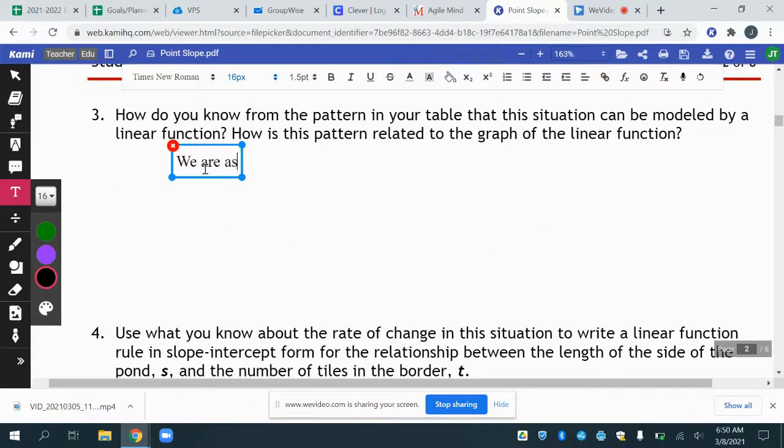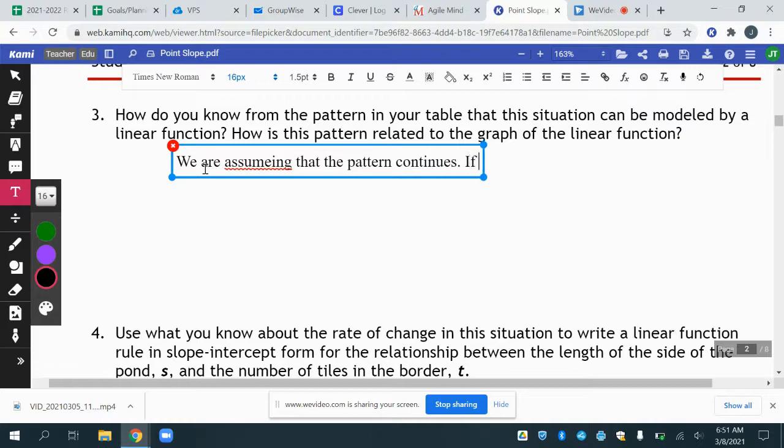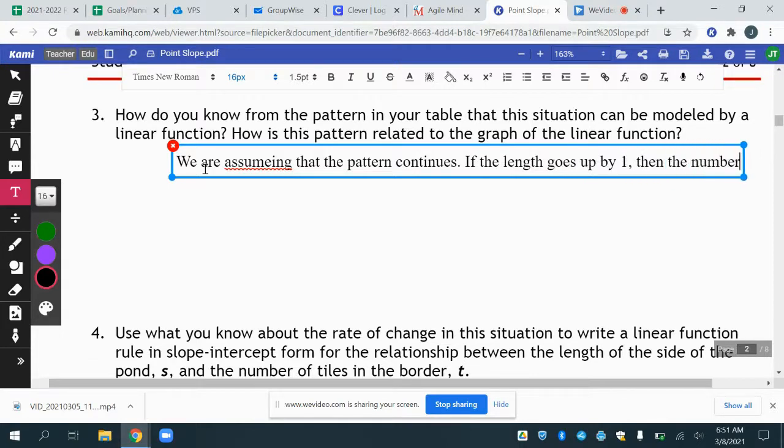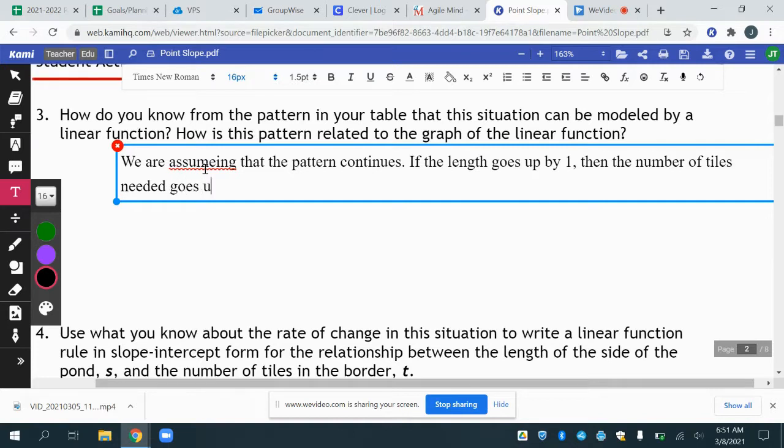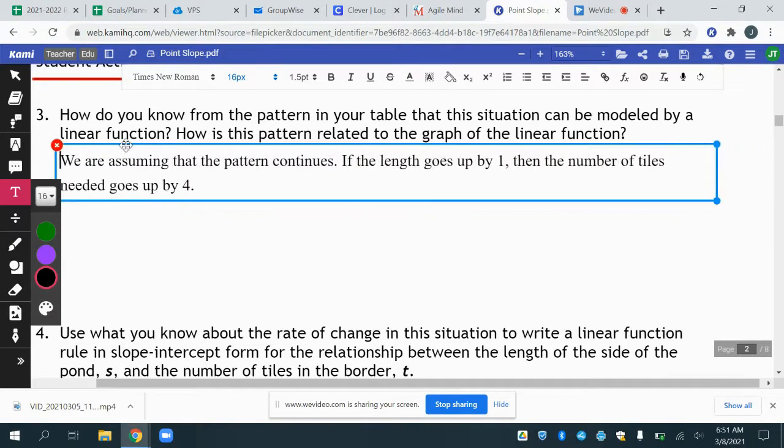We are assuming that the pattern continues if the length goes up, the number of cells goes up by 4.